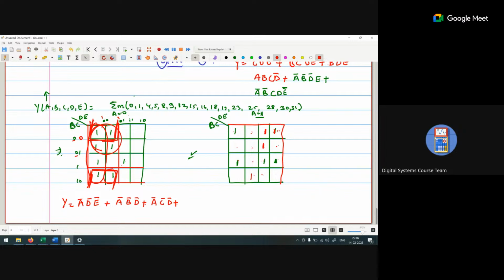Now the overlapping group. This particular one will be overlapped with this one. So it becomes B, C bar, D bar, E. Why? Because A is changed.